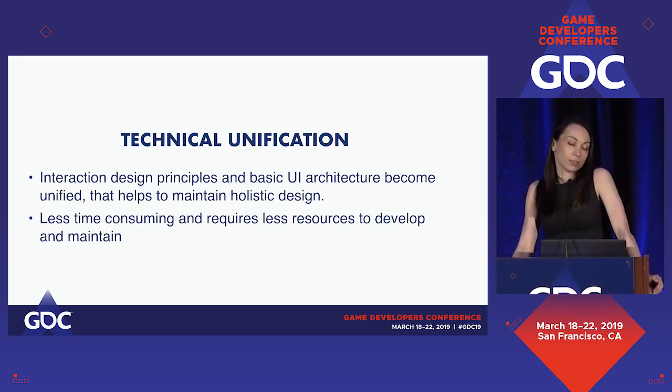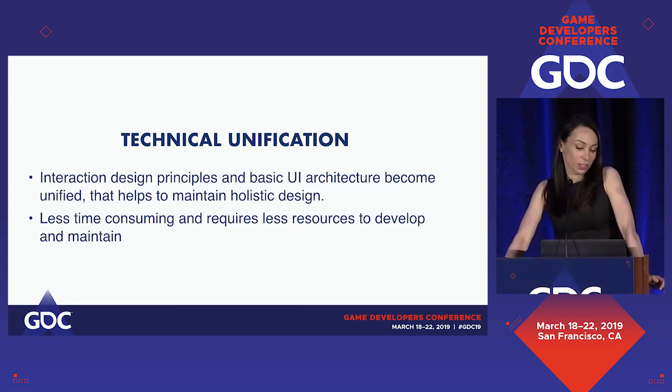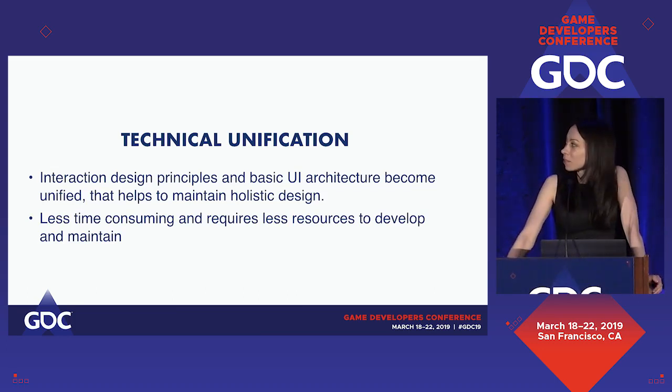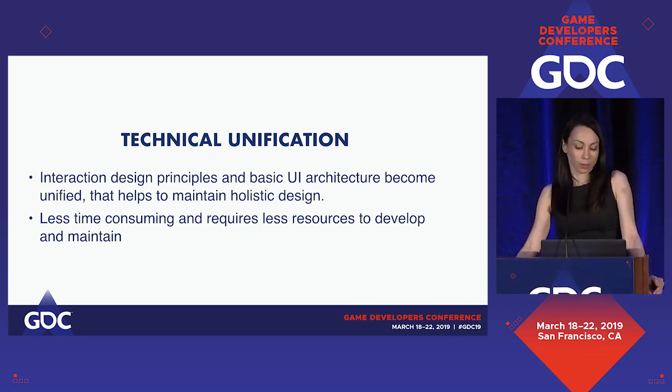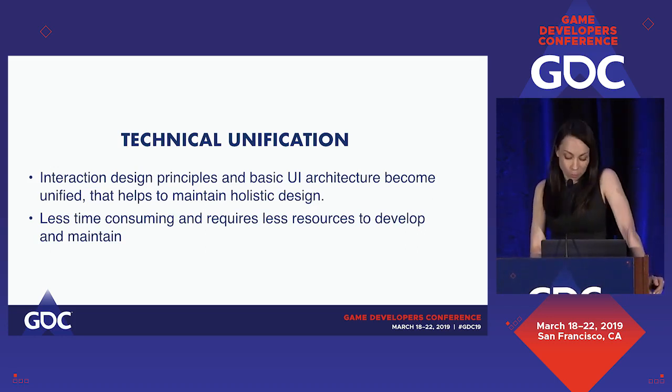Technical unification: interaction design principles and basic UI architecture are unified to maintain a holistic design, and this is much less time-consuming and requires fewer resources to develop and maintain. We now have 1 or 2 dedicated engineers who help us maintain the UI framework.